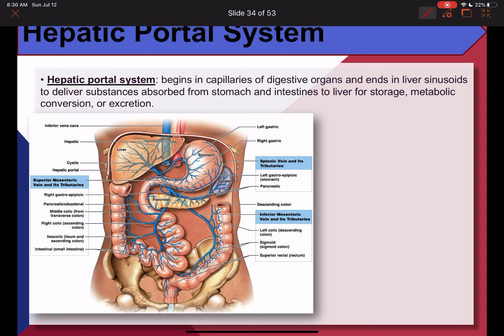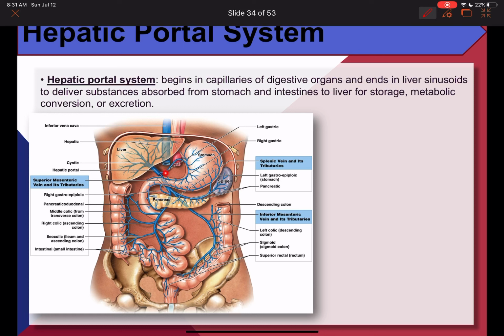Hepatic for liver, and portal system usually means it is carrying blood from a capillary network directly to another capillary network. And because the liver is the main important organ that is able to cleanse and detoxify the things that we ingest, everything that is absorbed from the stomach, small intestine, and large intestine all has to go through the liver.